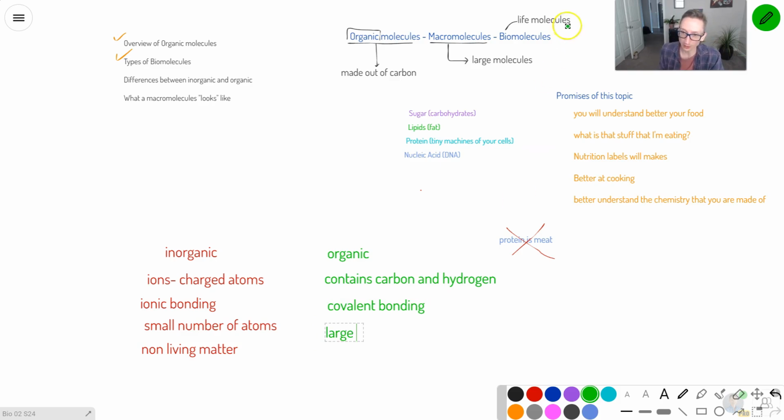Large molecules, not a small number of atoms, and it's associated with living things. We would also have to define what non-living things versus living things are. We'll save that for another day.